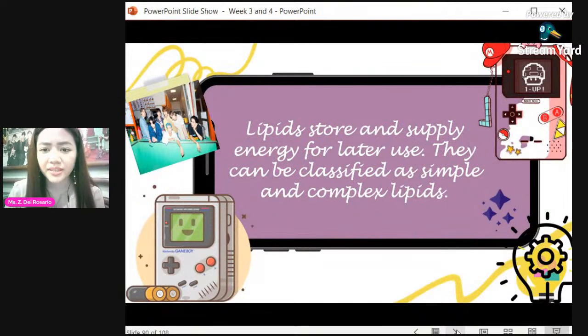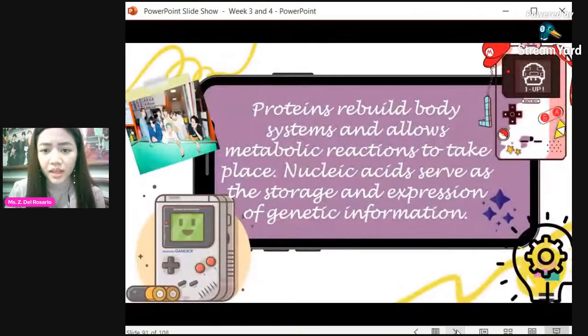As for lipids, it is responsible for storing and supplying the energy for later use, and it could be classified into either simple lipids or complex lipids. Another biomolecule would be proteins. These proteins are responsible for rebuilding our body system, and they allow metabolic reactions to take place.